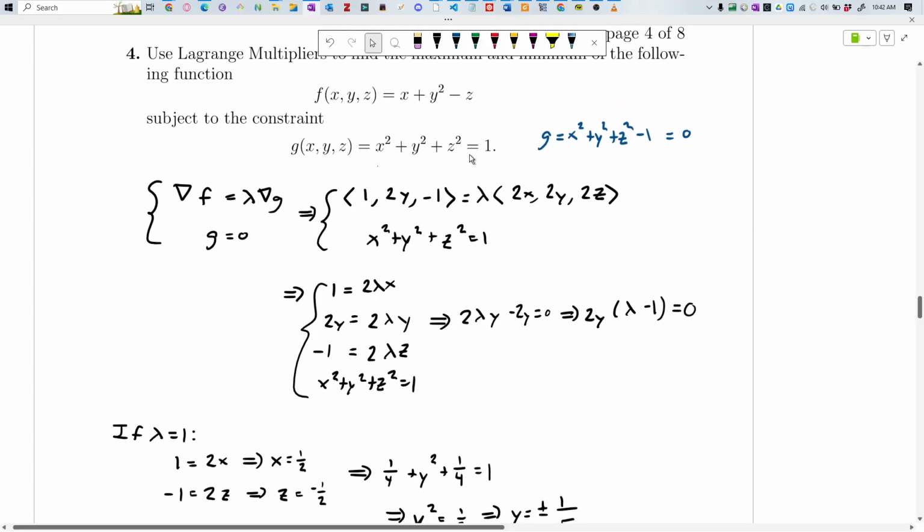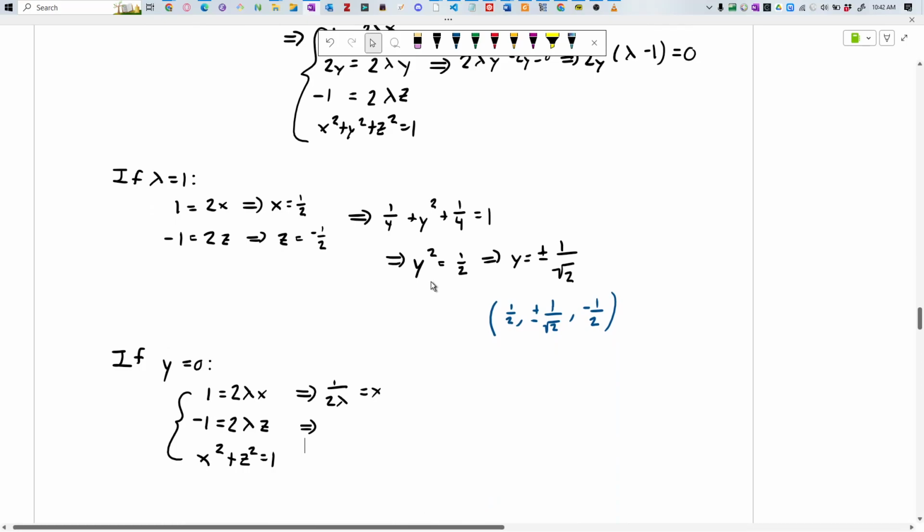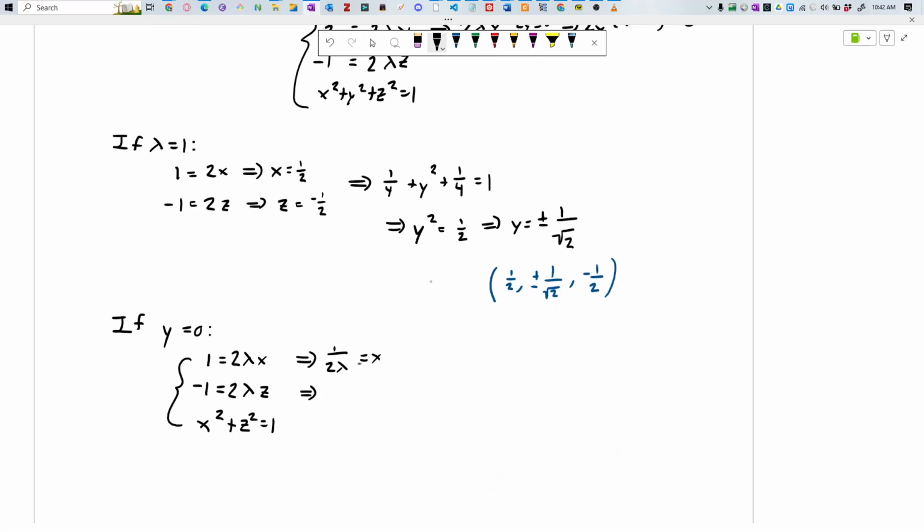This constraint is the sphere itself. No, that is kind of strange. I might need to think about that later. Let's kind of skip over that for now. So let's just assume we can divide by lambda. Assume that lambda is not equal to 0. So I'll just, in red, write assume lambda is not equal to 0.